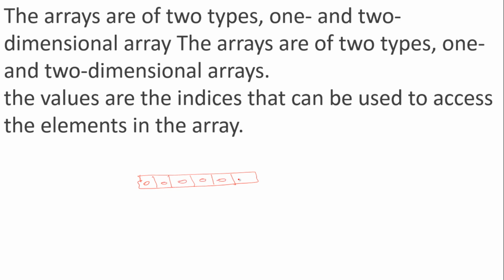But when you say two-dimensional array, depending on the numbers you want, you should have a row and a column, depending on the number of columns and rows you want. This is a two-dimensional array, while that was a one-dimensional array, and the values are the index: 0, 1, 2, 3, 4, and 5.